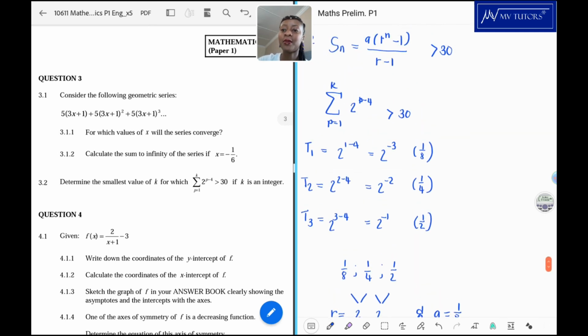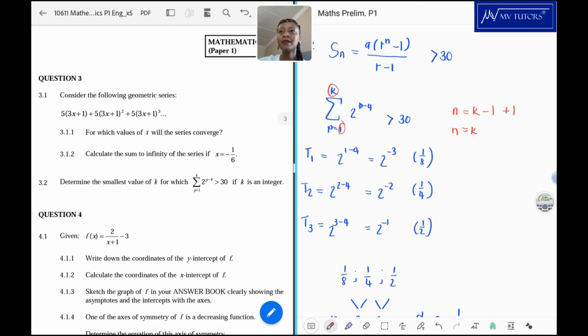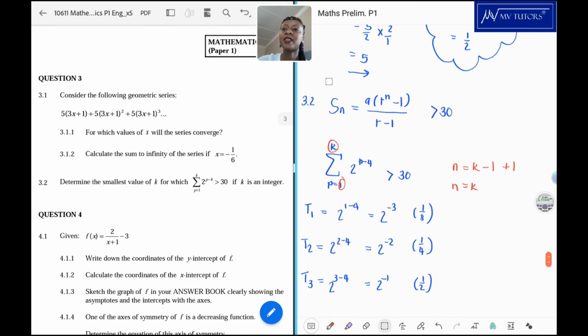I'm going to put it again in red. If you want to calculate n, you take your last term, which is k, subtract your first term, which is 1. It went from 1 all the way to k. So k minus 1, and you always add 1. So basically the number of terms is k.